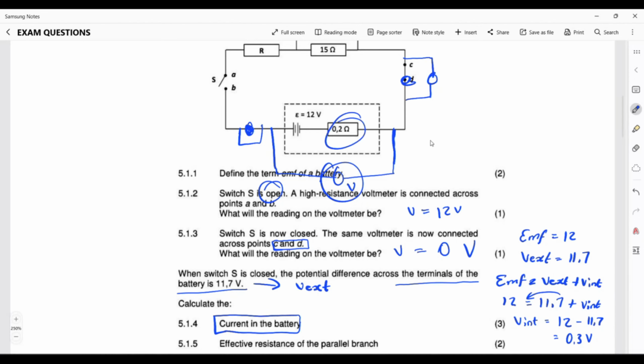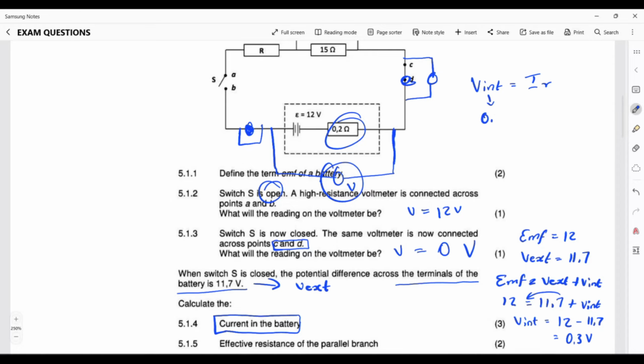What did I tell you about the internal resistance? I told you that internal resistance always raises the total current. That was one of the first statements I made when I was doing the EMF. So what is my internal voltage?